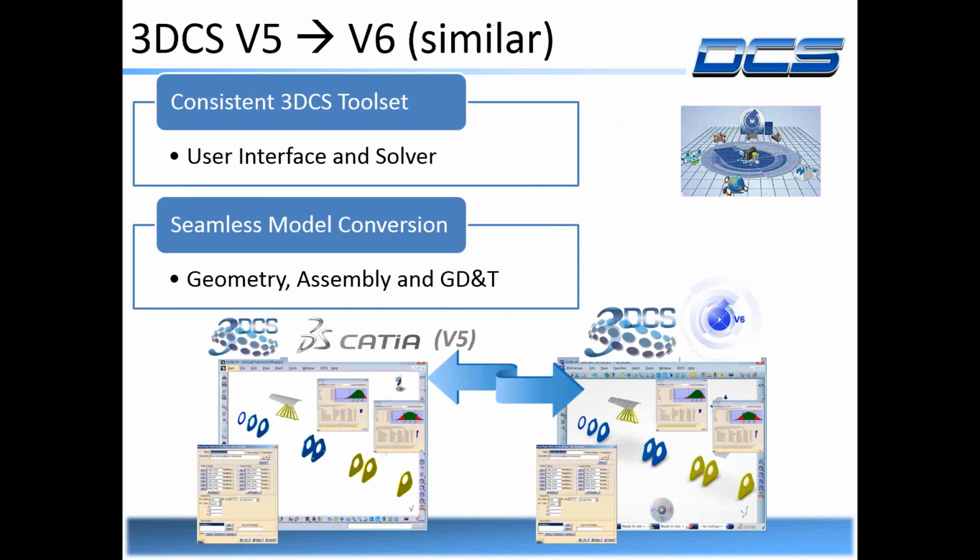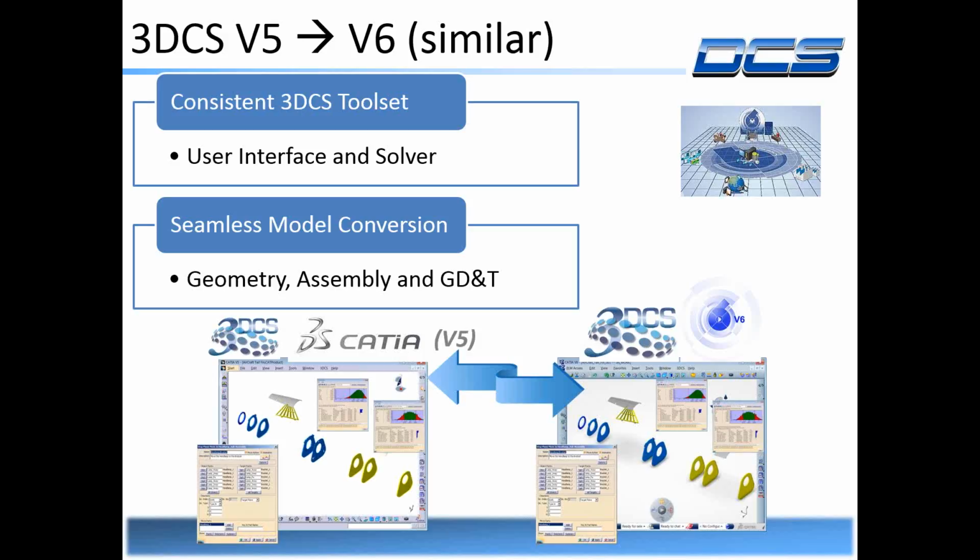So how is it different? I've got a couple of slides here that are going to talk about the differences, but first of all, we're going to talk about how it is the same. It's the exact same interface. All the 3DCS functionalities have been ported over. This has been a seamless process for 3DCS because, and this is going to also give us the ability to continue to develop on 3DCS V5 as well as 3DCS V6, we don't have to redesign our entire software.